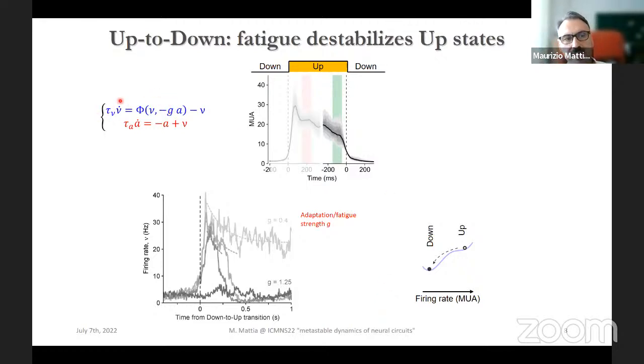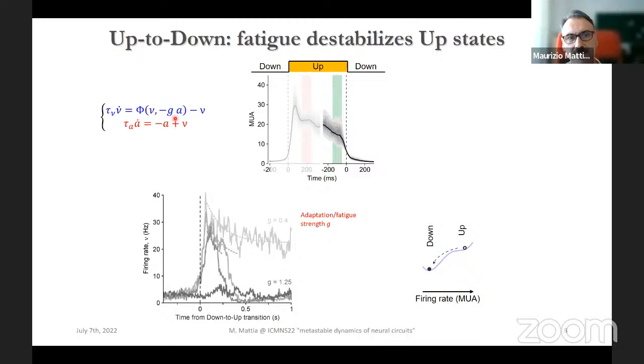Let's say that this is a very rough representation of the dynamics of the firing rate of this pool of neurons I'm investigating. This is the input-output gain function, let's say the Siegert-Ricciardi gain function, which depends on the input currents. Input currents which are synaptic currents, mainly due to the activity of the network and due to the level of this fatigue.